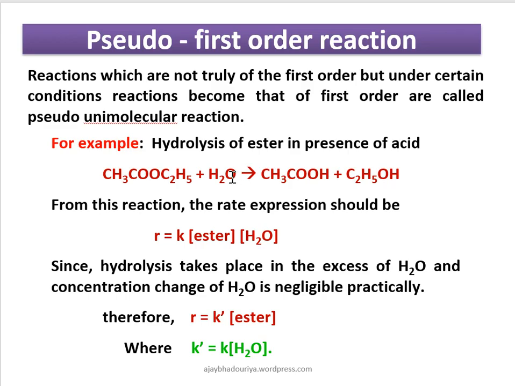the rate expression, rate is equal to a constant value, concentration of this ester and concentration of water molecules. Here in the hydrolysis, if we take an excess of water molecules, the concentration change of water is negligible, so rate will depend only on the concentration of the ester.